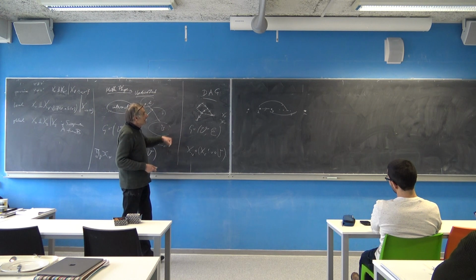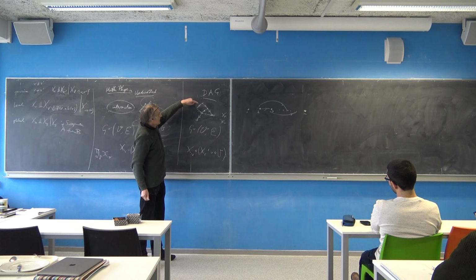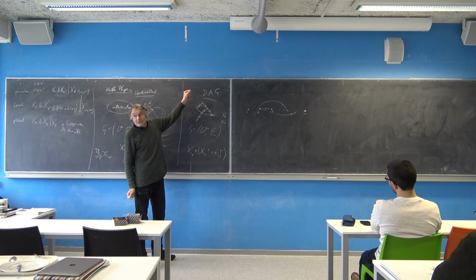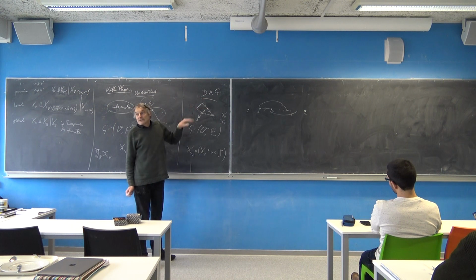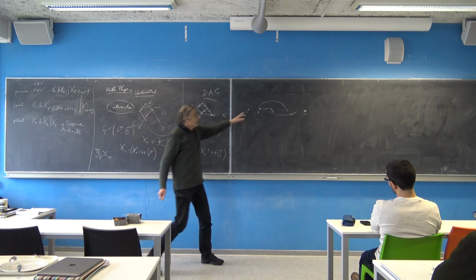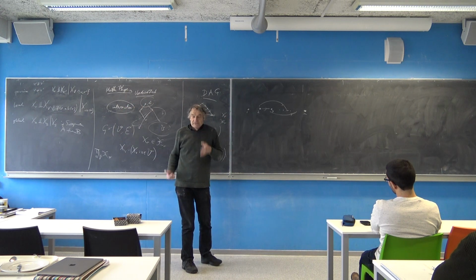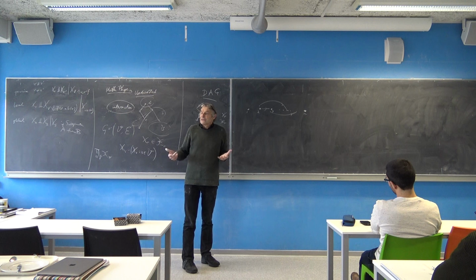First of all, I would go to a root node, a vertex with no parents. It doesn't matter which one I take, but it's going to be number one, and I make with my computer a value of that random variable using the marginal distribution of that variable.